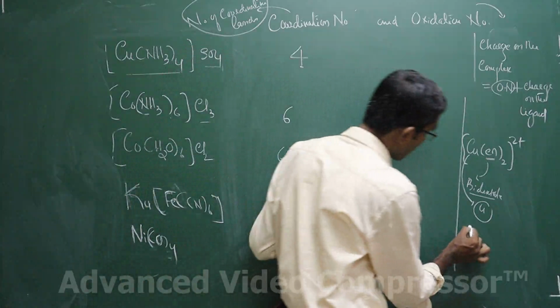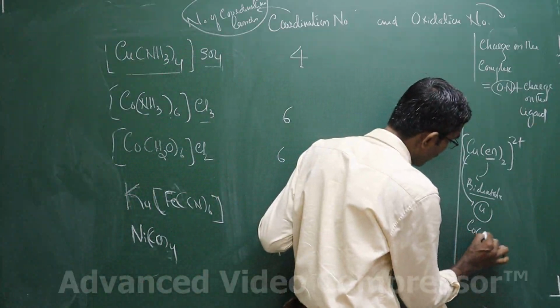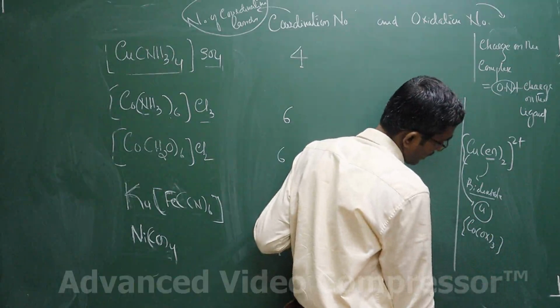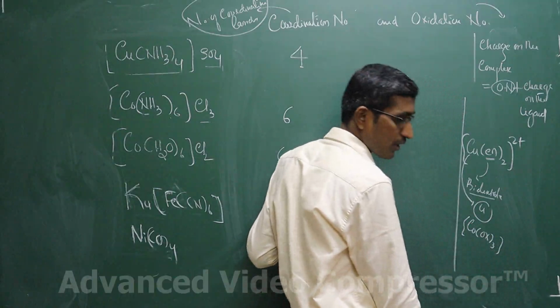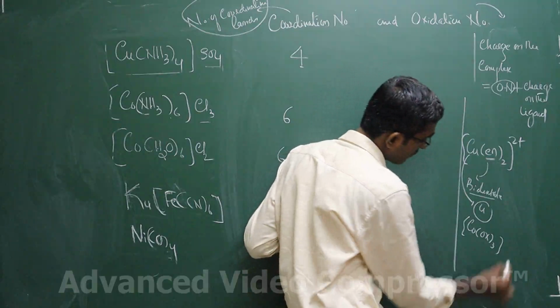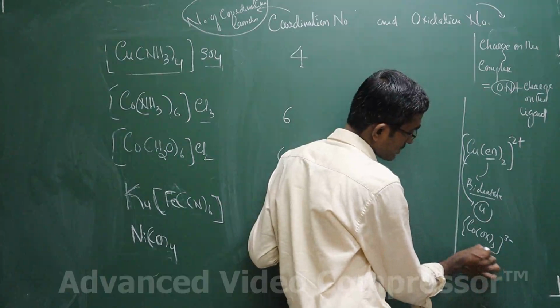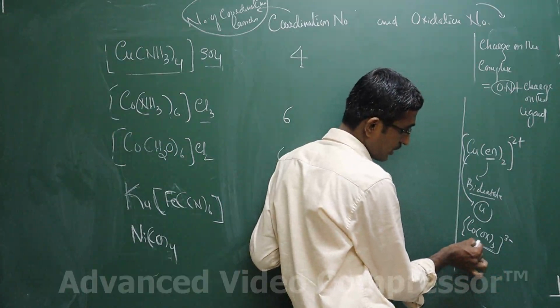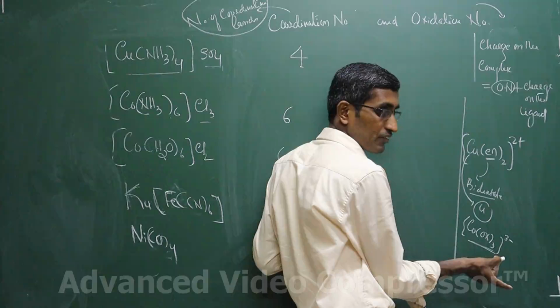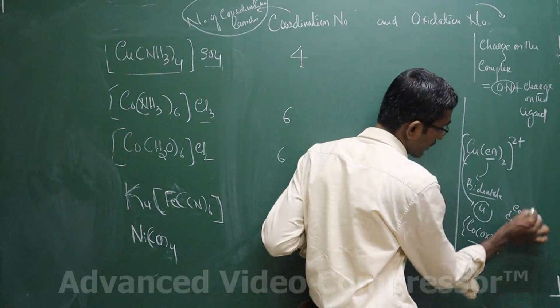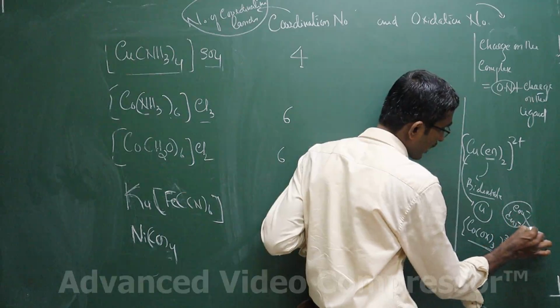Similarly, if they mention cobalt with ox 3 times, the oxalate ion, with charge 3 minus for example. Just check here, oxalate ion we are having. Oxalate ion is COO minus, COO minus. That means 2 coordinating atoms we have.